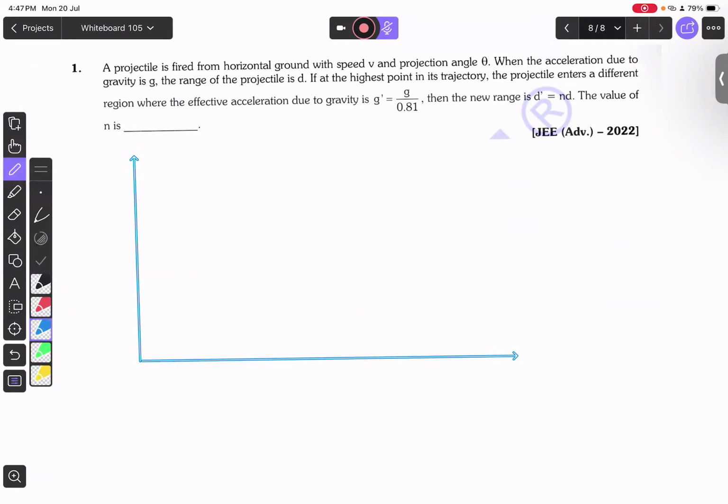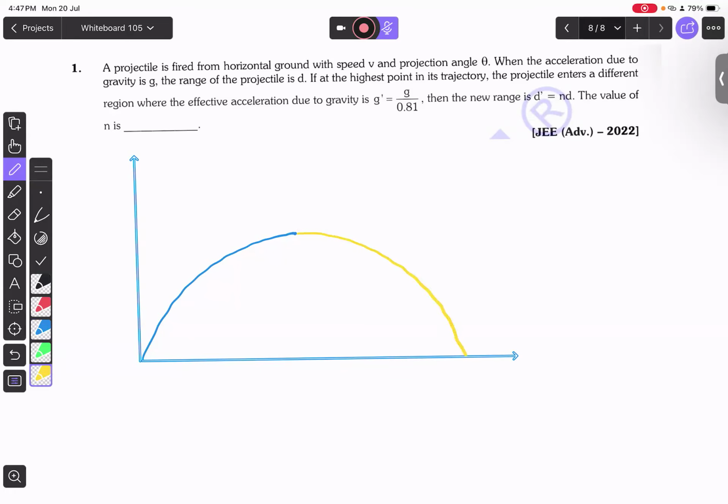If a thrown projectile reaches a maximum height, up to there the acceleration due to gravity is g, but from there onwards the acceleration due to gravity is g dash. So total time of flight they are asking us. Maybe I will draw that remaining part with different color, maybe this is yellow.